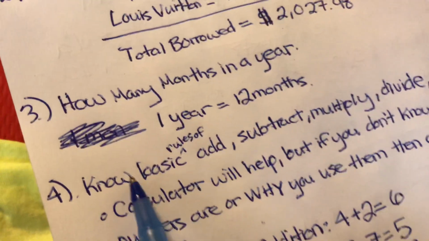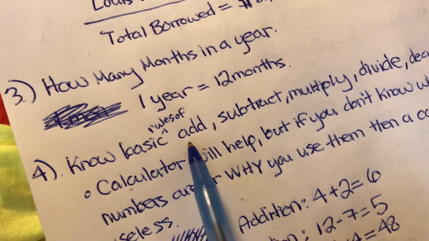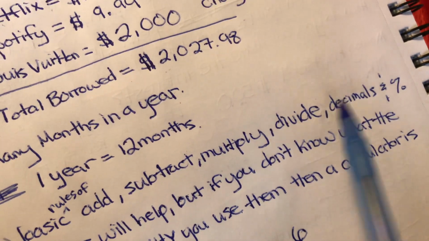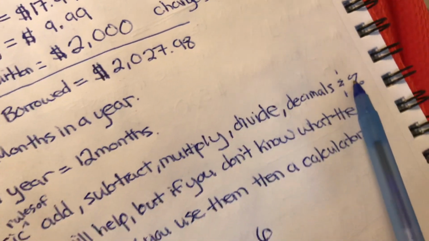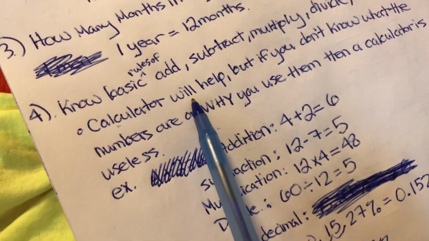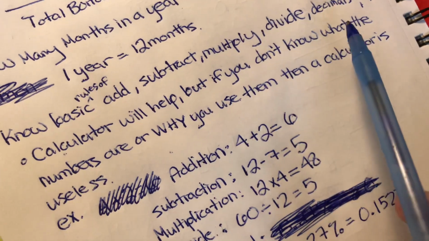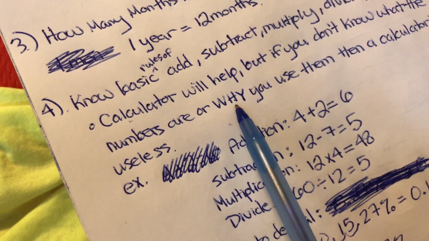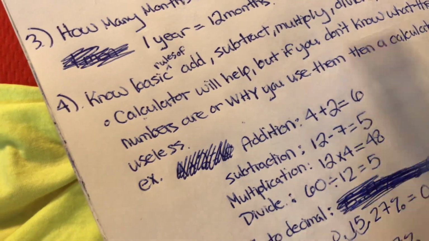Number four, basic rules of addition, subtraction, multiplication, division, decimals, and percents. You can get a calculator. It will help, but if you don't know what the numbers are or why you use them, a calculator is useless.